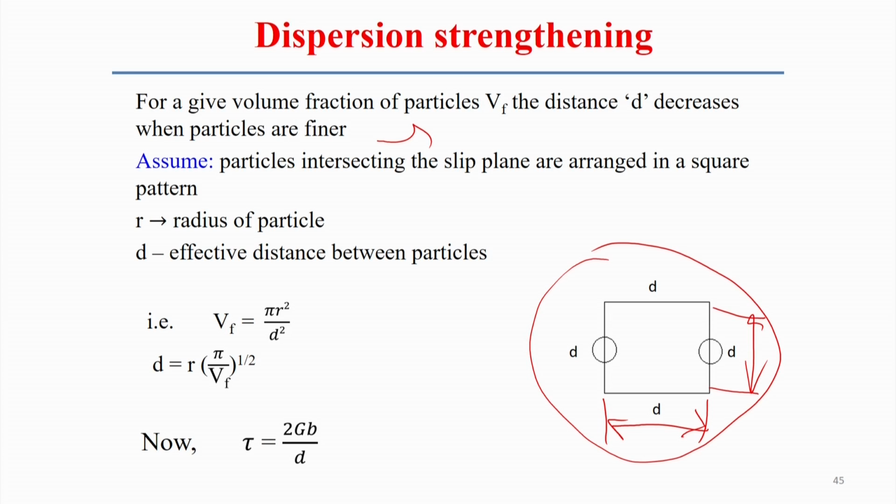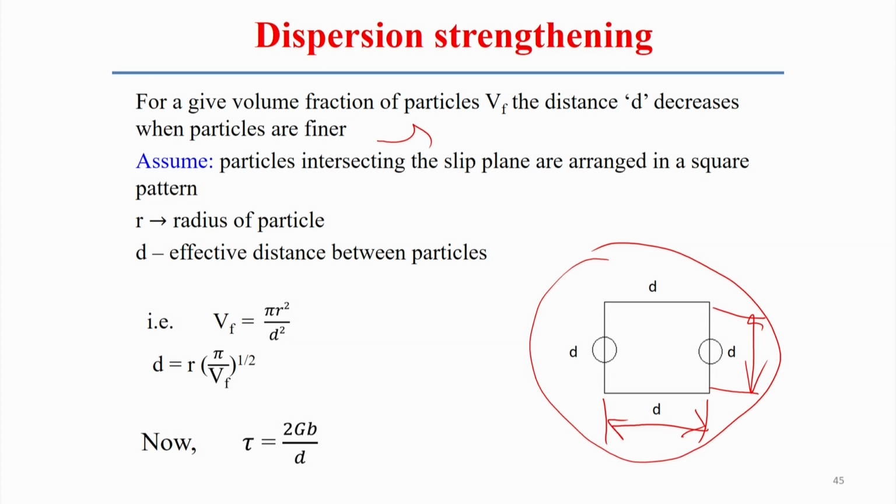So definitely we are talking about the volume fraction over a unit thickness, the area occupied by the particles. Over this area, the area of one particle is pi r squared, and the area of this square is basically d squared.